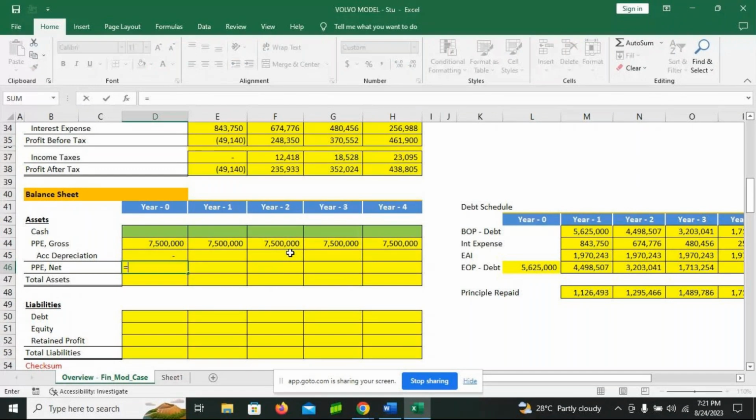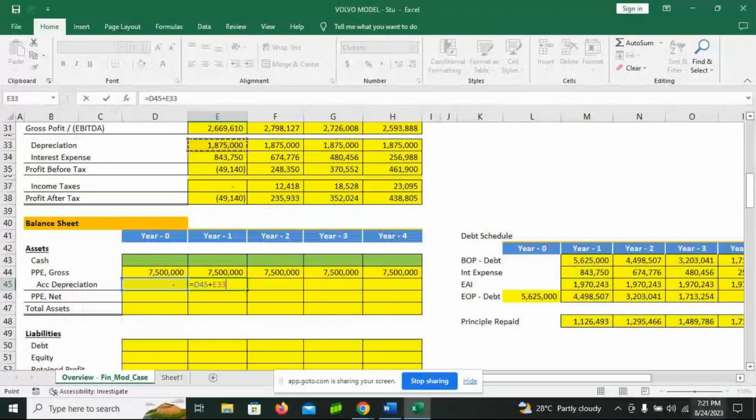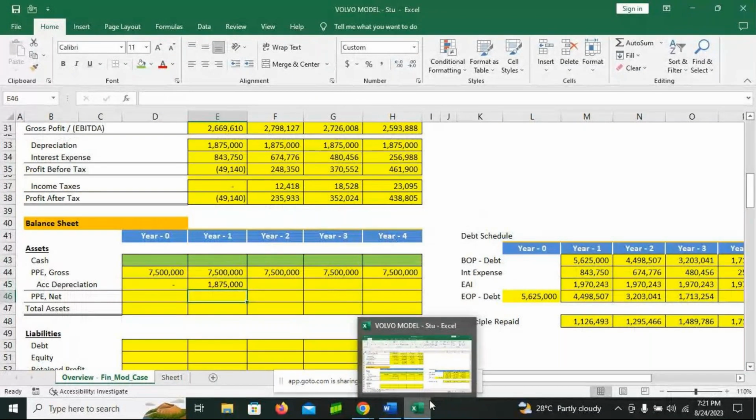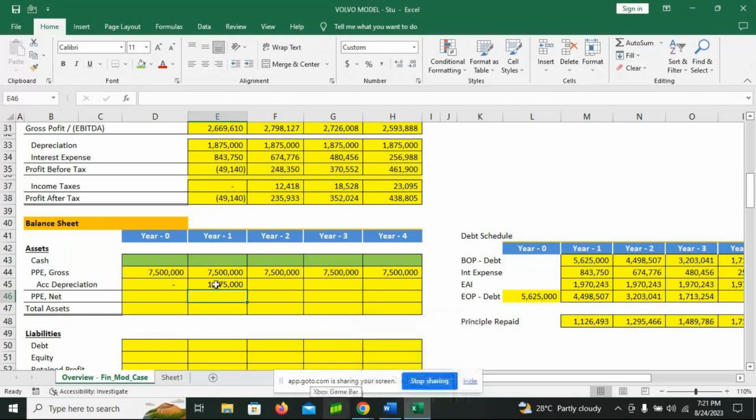So next year it will be E45 plus E33. So I'm going to drag it. Here I am taking the previous year depreciation.